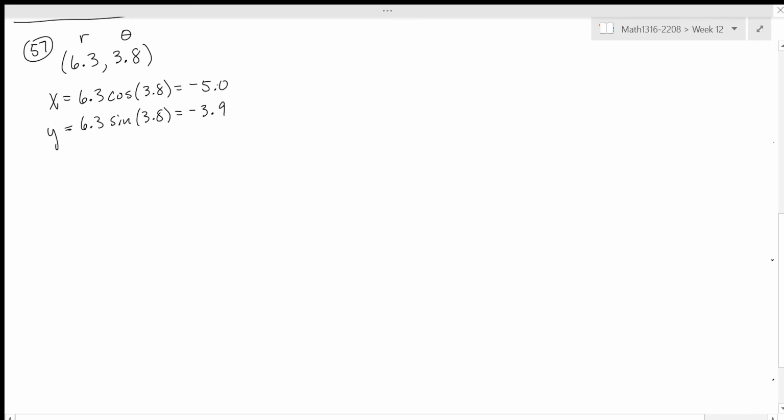So negative 4.98, and so the 8 makes the 9 become a 10? Yeah. So this is rounded correctly to the nearest tenth. And so don't forget to write that as an ordered pair. That's going to be negative 5.0, comma, negative 3.9.